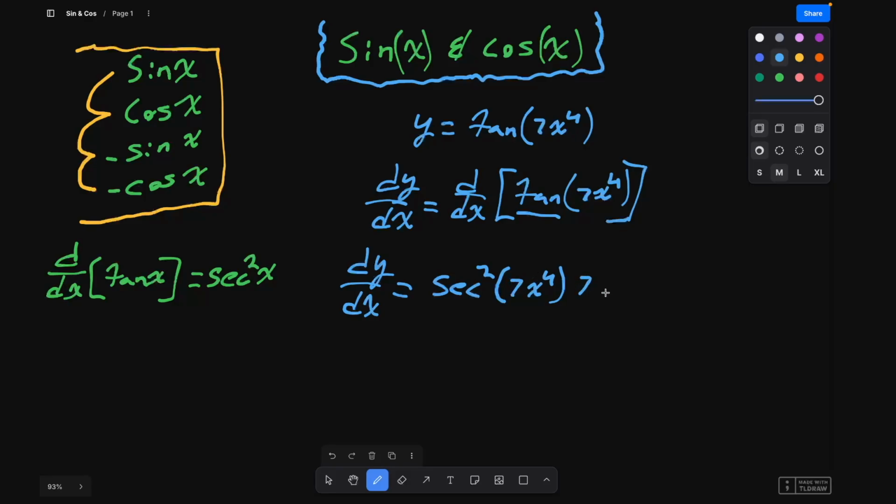So we're going to have 7 times 4x to the third. If we simplify that, we get dy/dx equals 7 times 4 is 28. I'm going to bring that out to the front. 28x to the third times secant squared 7x to the fourth.